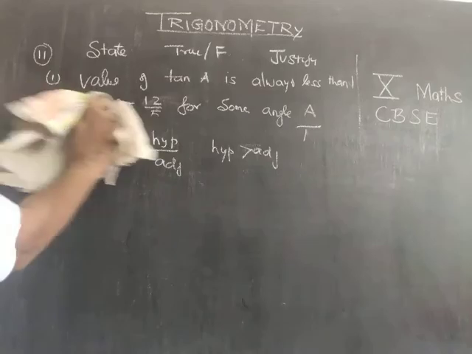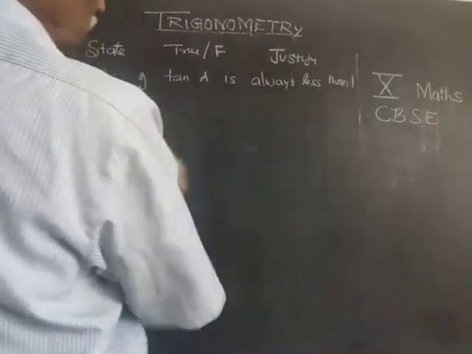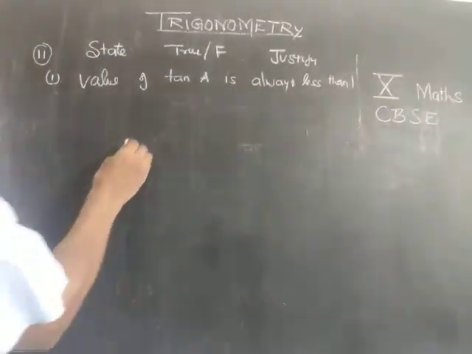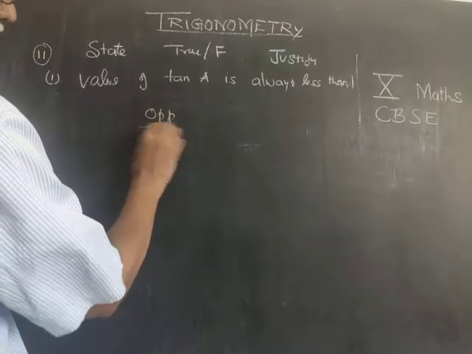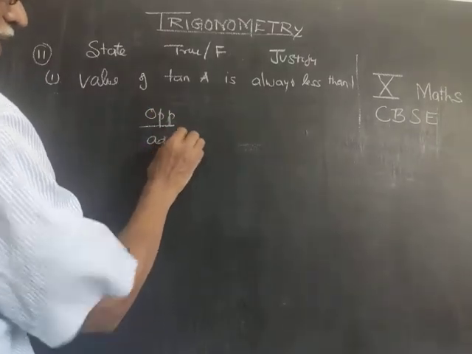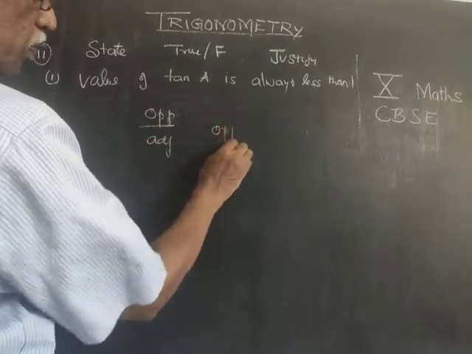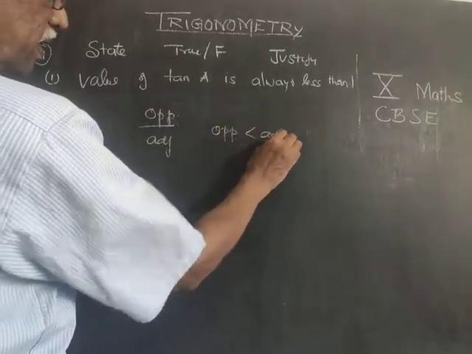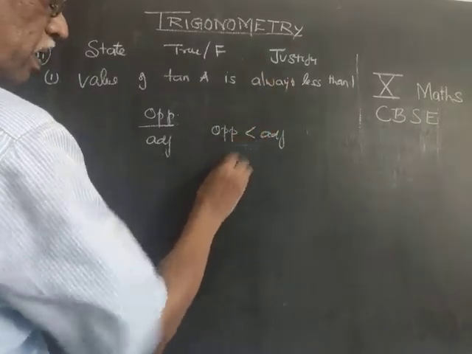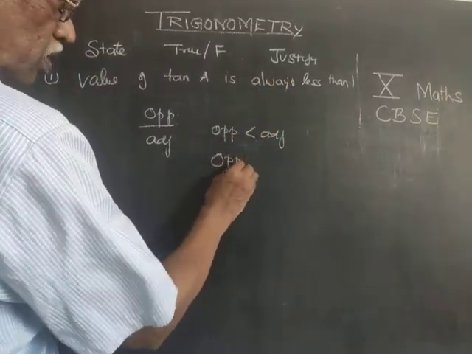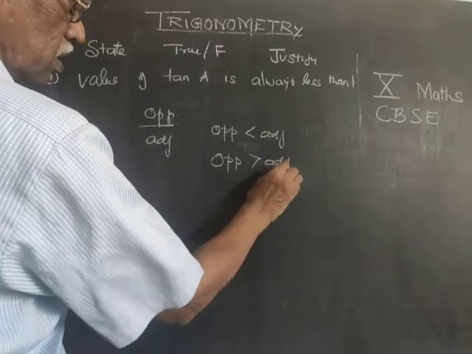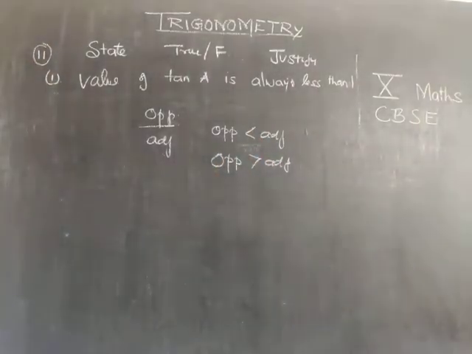The next one, the first one: value of tan A is always less than 1. What is tan? Tan means opposite by adjacent. It is always less than 1? If the opposite side is less than the adjacent side, then it may be true, but it's not necessary. The opposite side can be more than the adjacent side, less than it, or equal also.